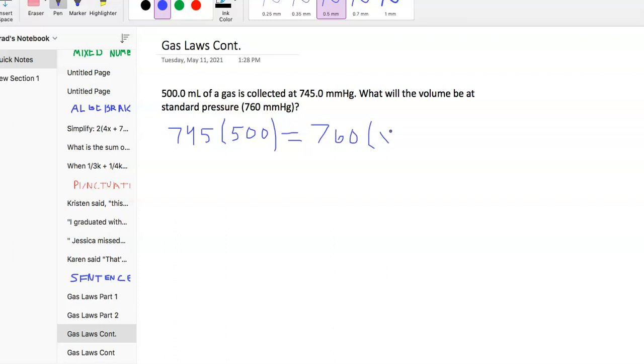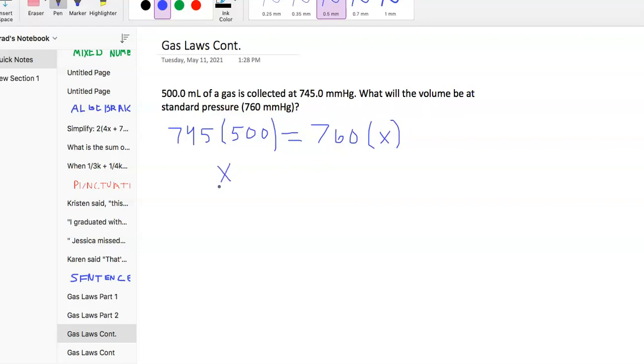And we were not given the milliliters for V2. So now you go through the same process: multiply the stuff out on the left, and once you get that answer, divide both sides by 760.